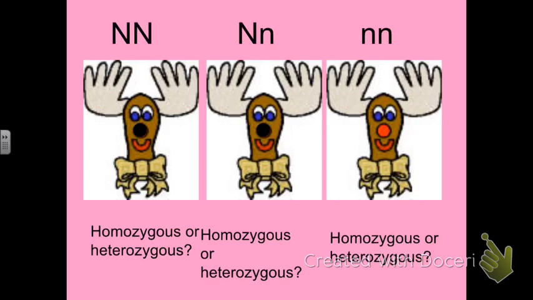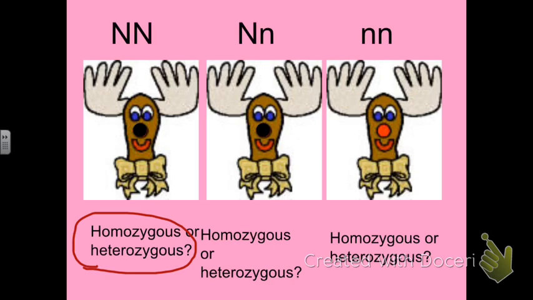All right, so in thinking about how that works and why that works, we do need to know one more set of terms in order to work with these genetics problems. I've mentioned this to you already because it was in that video with the peas. Homozygous versus heterozygous. So we're doing Rudolph the Red-Nosed Reindeer and his family. If we have an individual that has a black nose, and let's say the black nose trait is dominant, then that individual can either be big N big N, or big N little n.